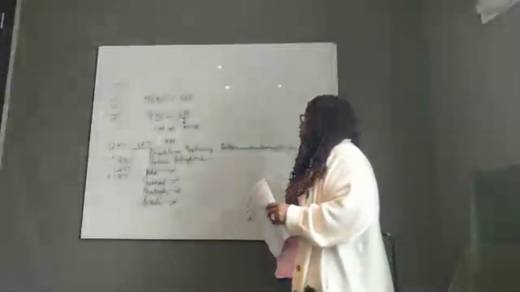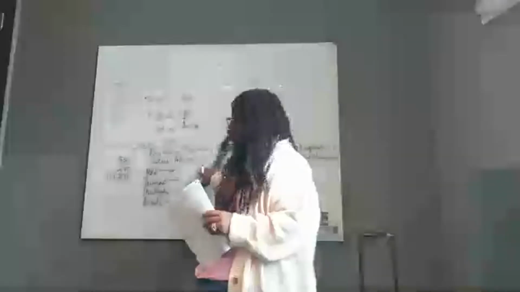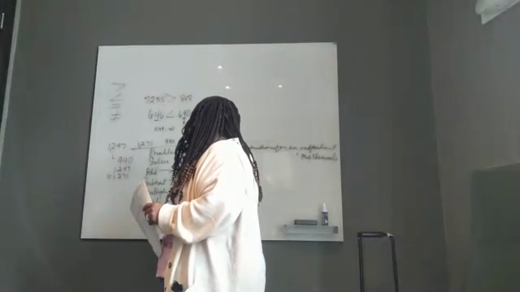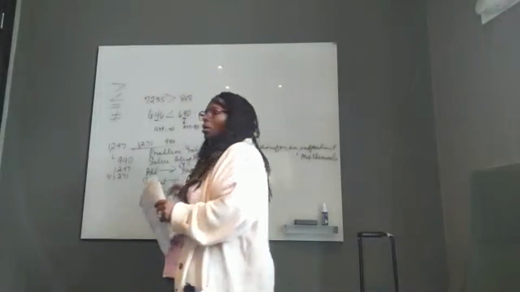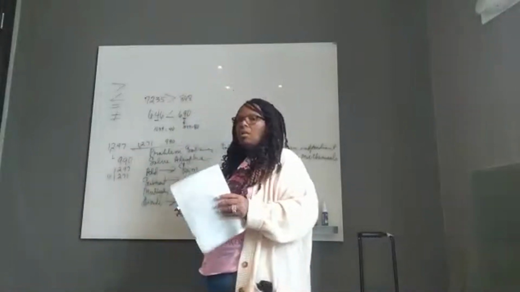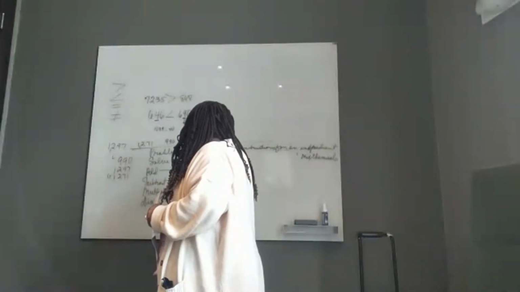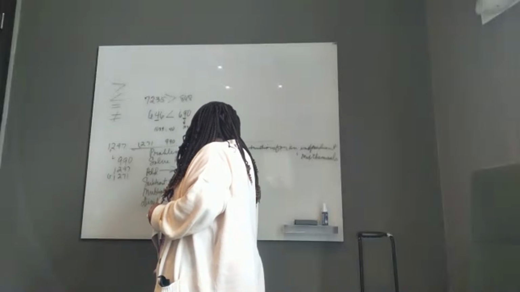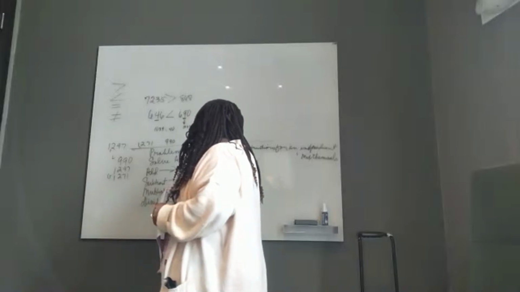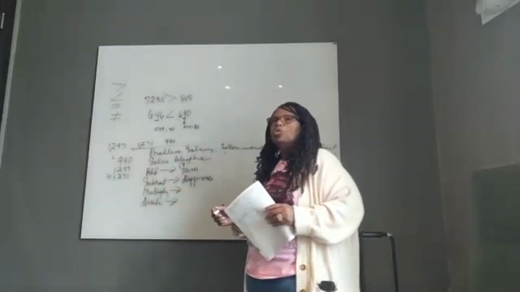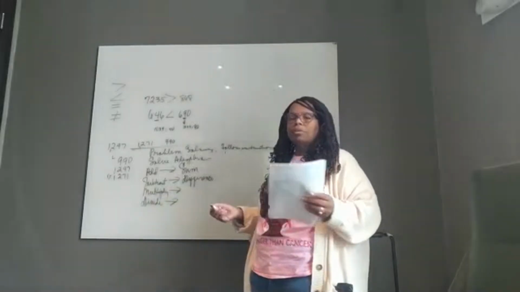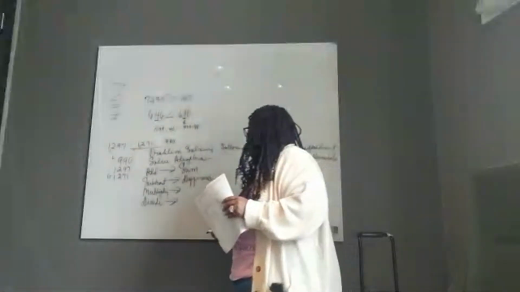Okay? So if a word in a word problem is saying, what is the sum of 5, 6, 7, 8, 9? What is the difference of 24 and 13? Okay?